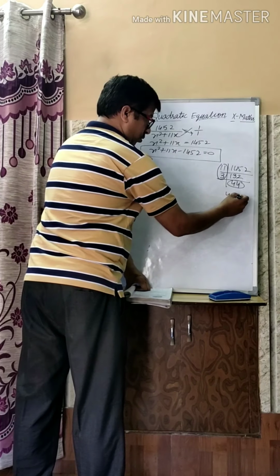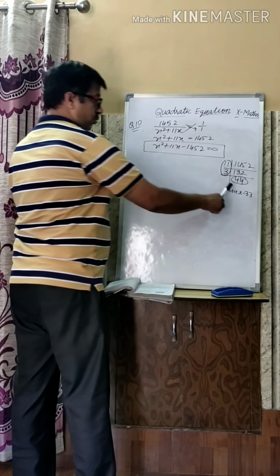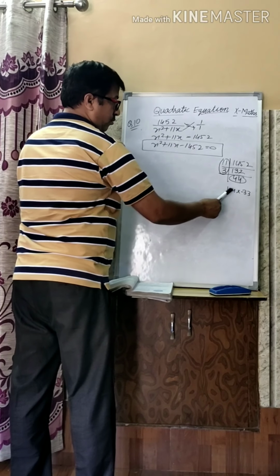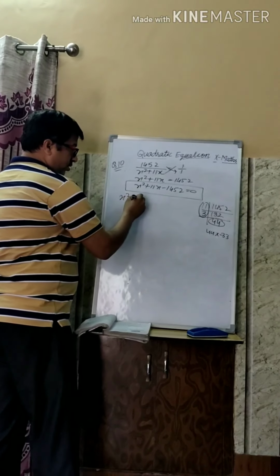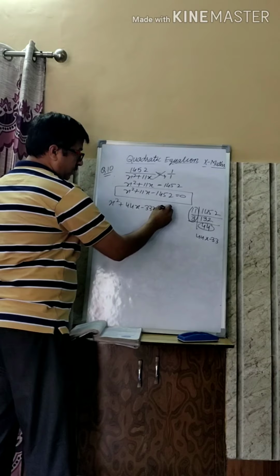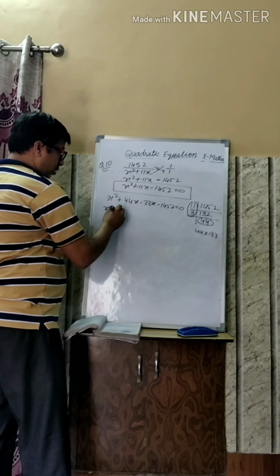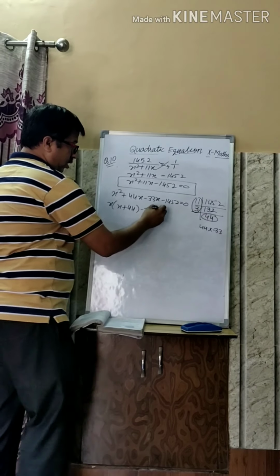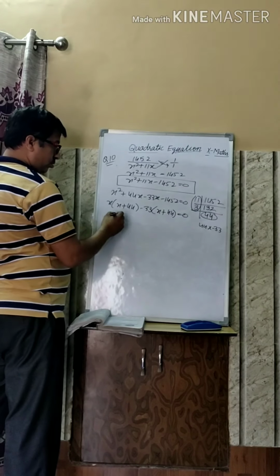So 44 and then minus 33. So multiply, then minus 1452. Simplify, 44 minus 33, 11 is coming. So these are the correct factors. x square plus 44x minus 33x minus 1452. So x common, x plus 44, minus 33 common, x plus 44 is equal to 0.